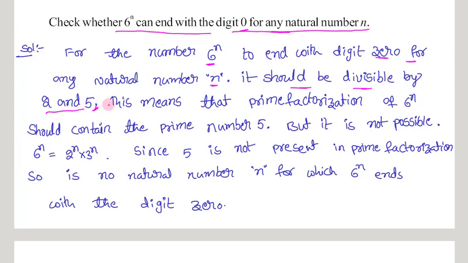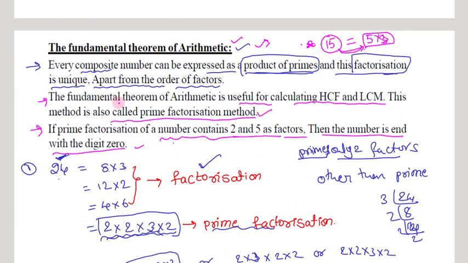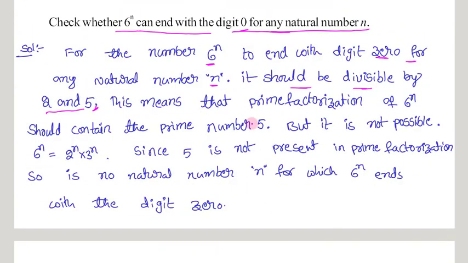From where did we get this concept? If the prime factorization of a number contains 2 and 5, then only that number ends with a 0. So 6 to the power of n should have 2 and 5 in its prime factorization.